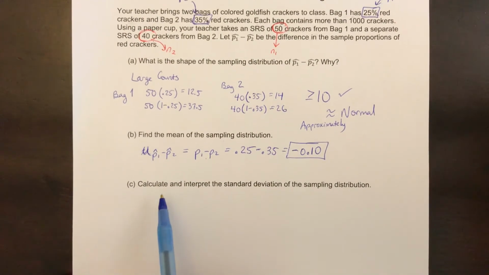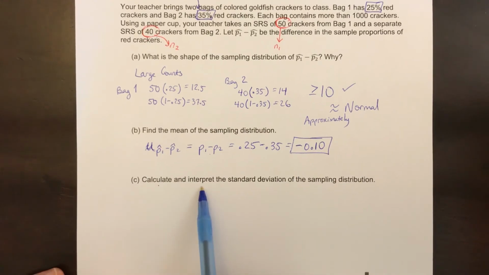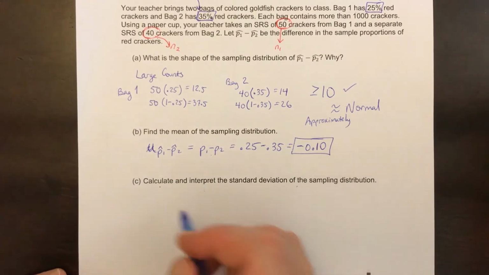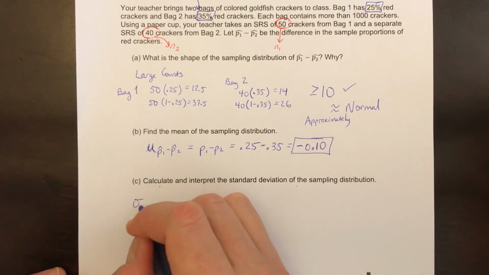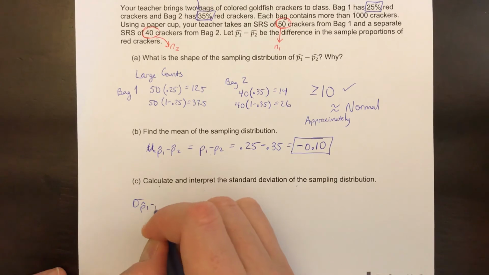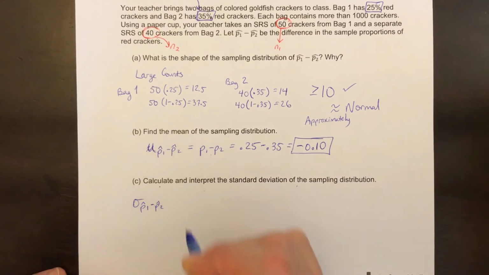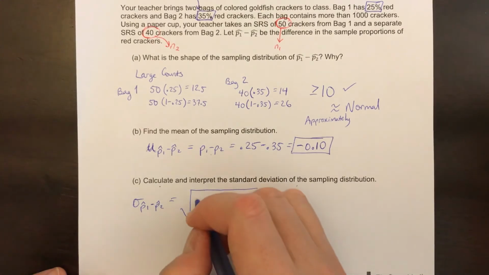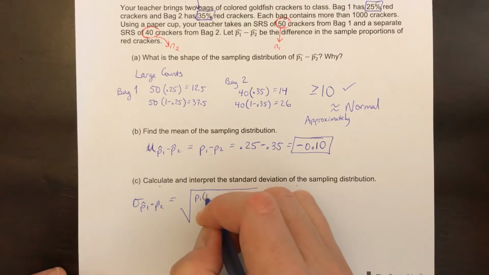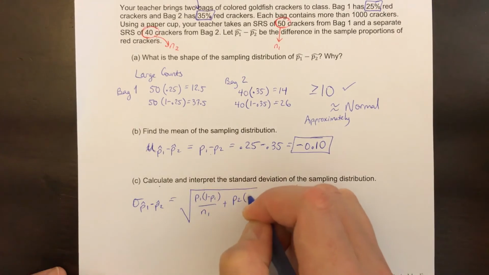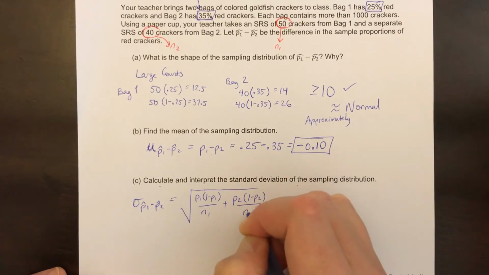And then the last one here, part C, calculate and interpret the standard deviation of the sampling distribution. Okay, so the standard deviation of the difference, p hat 1 minus p hat 2. Okay, I'm going to write this out here. So it's the big square root of p1 times 1 minus p1 over n1 plus p2 times 1 minus p2 over n2.